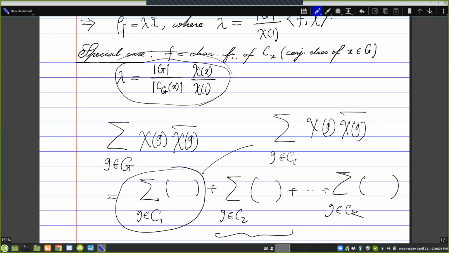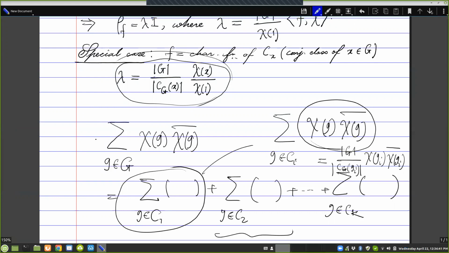Since characters are always class functions, all these summands are the same, and since we have chosen g_i as the representative of Ci, this is basically chi g_i times chi g_i bar times the number of elements in the conjugacy class, which is precisely the order of C_gi. Right? So that's what happens to each and every summand.